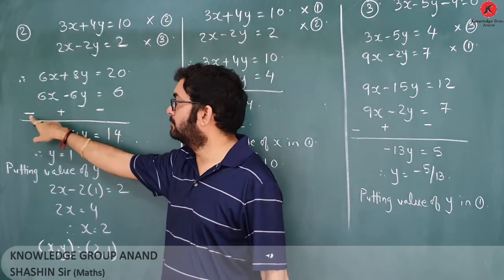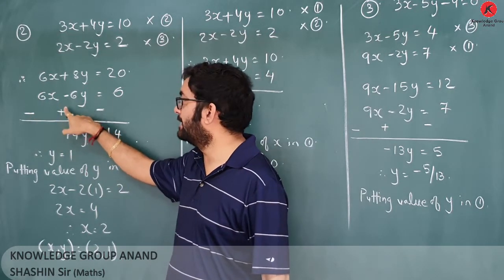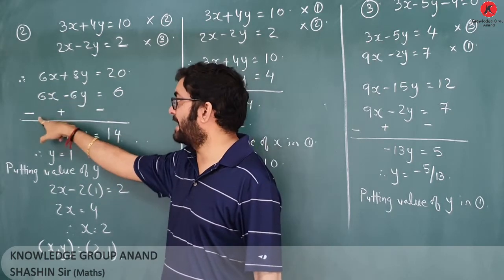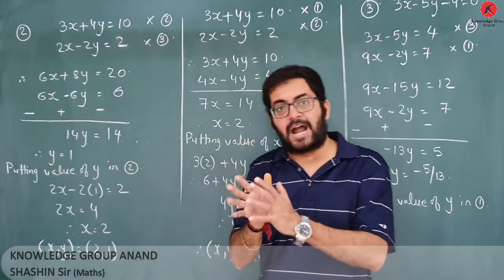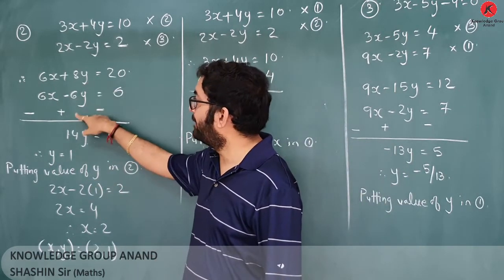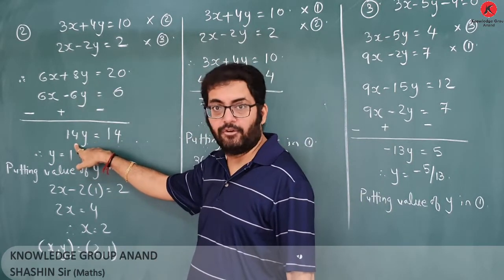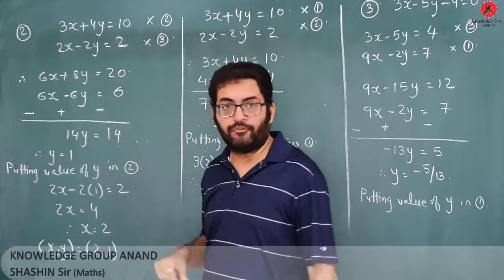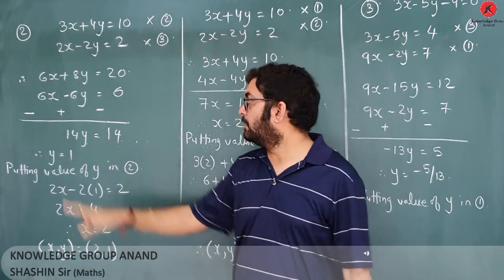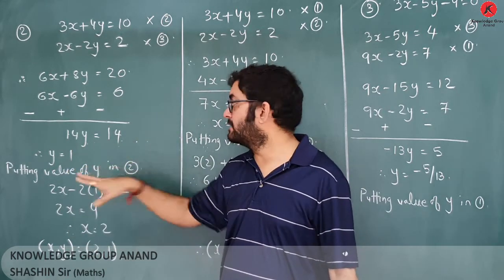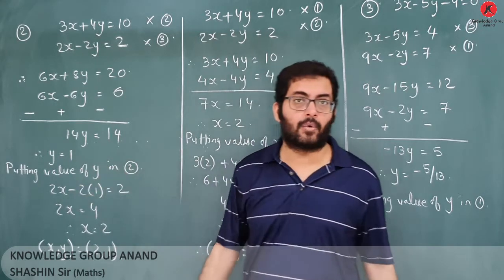So plus became minus, minus became plus, and plus became minus. So 6x minus 6x. The part with x got eliminated. Now 8y plus 6y gives me 14y, and 20 minus 6 gives me 14. So in short, value of 14y is 14. That means the value of y is 1.